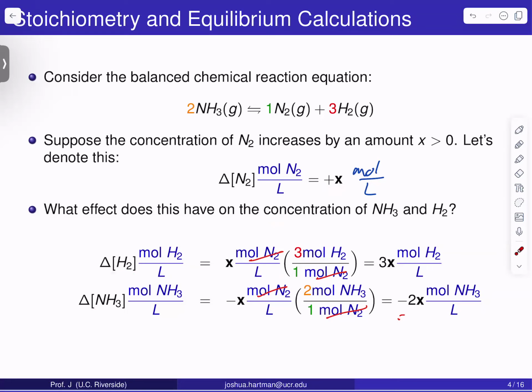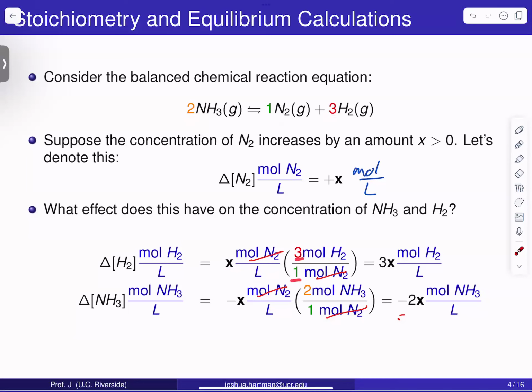Well, if you consider the stoichiometric ratios here, this is going to guide our understanding. We know that for every X moles of N2 that we've increased the system, we can convert to moles of H2 using the balanced chemical reaction equation, looking at the 3 for H2, and the stoichiometric coefficient of 1 for N2.